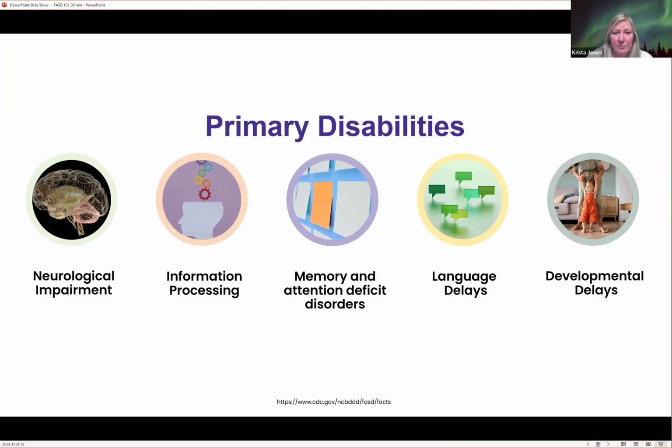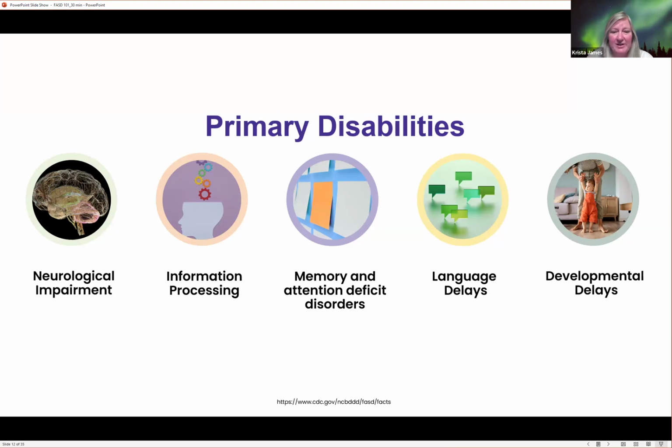Looking at the primary disabilities, it could be neurological impairment, which could show itself as small head circumference and underdeveloped brain, information processing disorders. This is where they have gaps and inconsistencies in understanding sequencing and auditory processing of information.